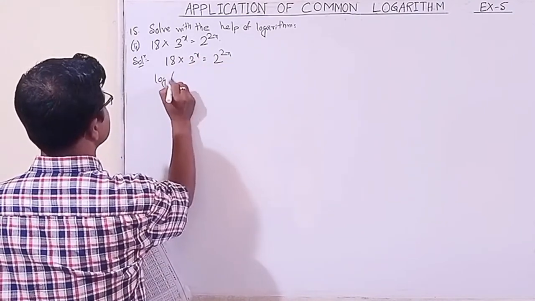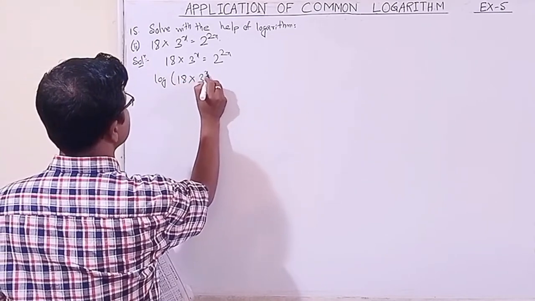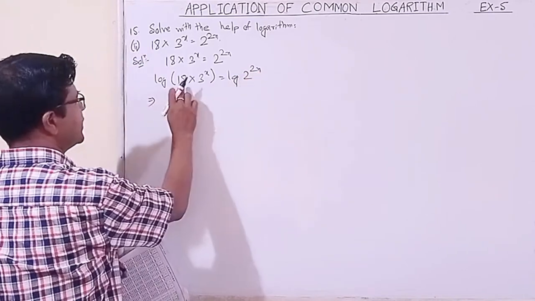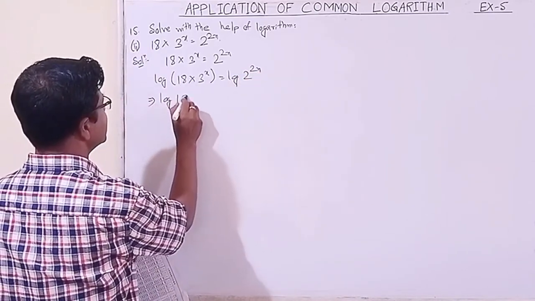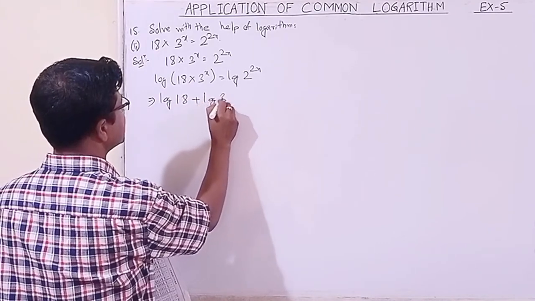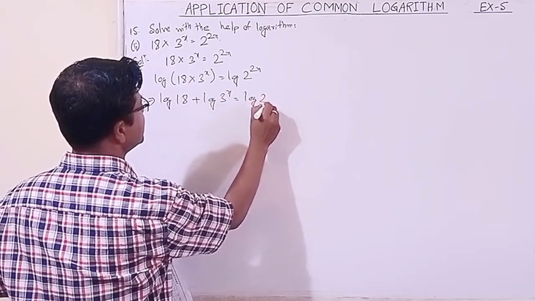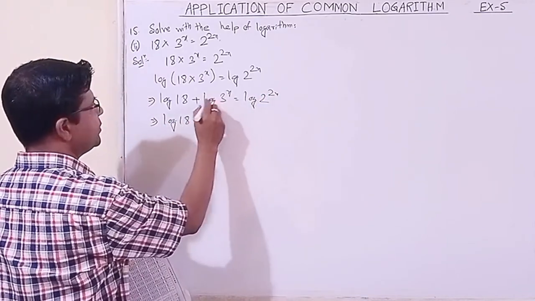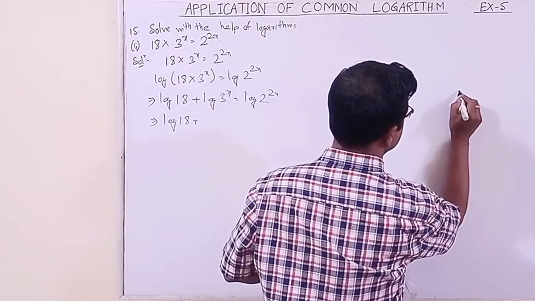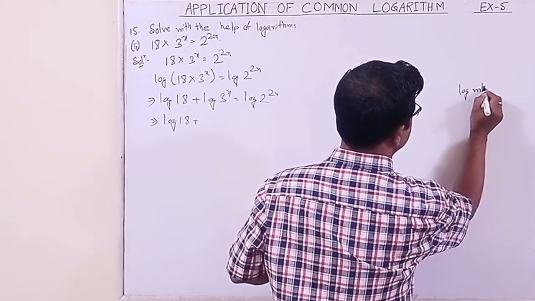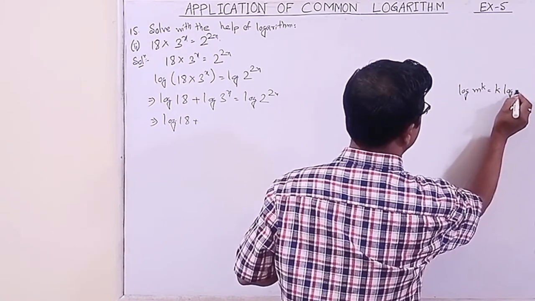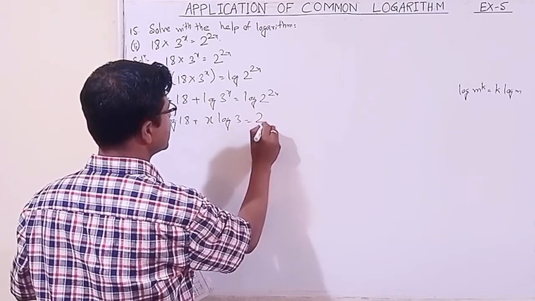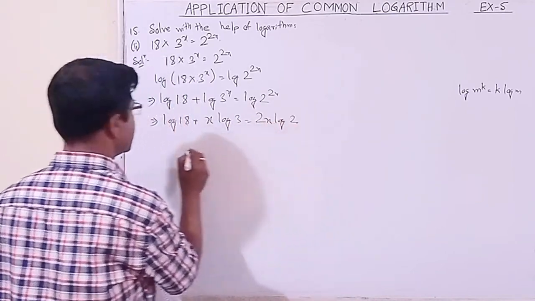Taking log on both the sides, log of 18 into 3 to the power x equals log of 2 to the power twice x. Here there is a plus, so it becomes a product. We know log of m to the power k equals k into log of m, so x comes in front of log 3, and twice x in front of log 2.